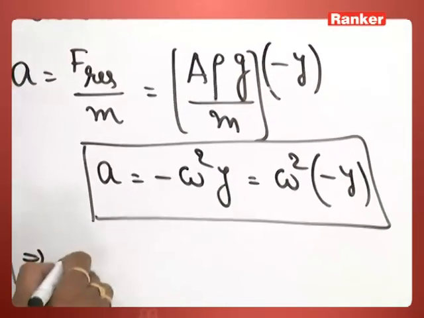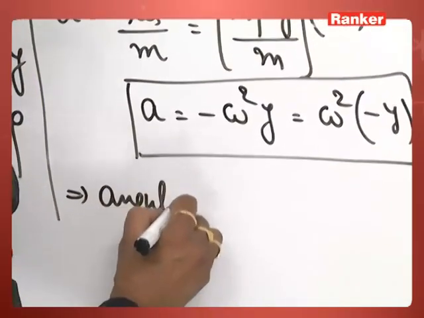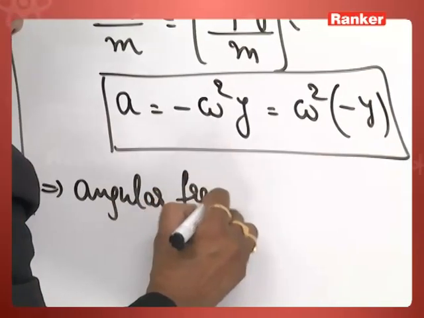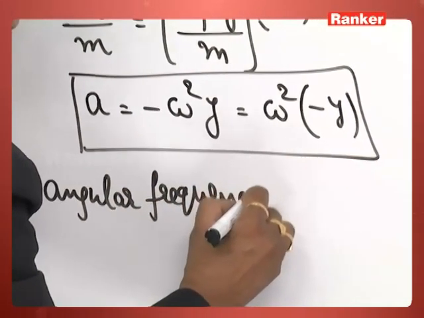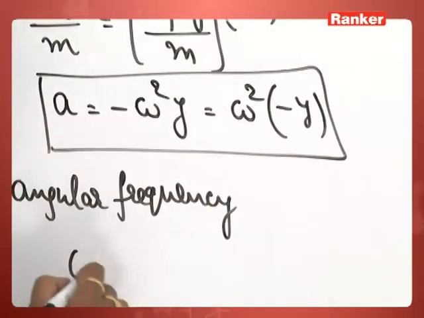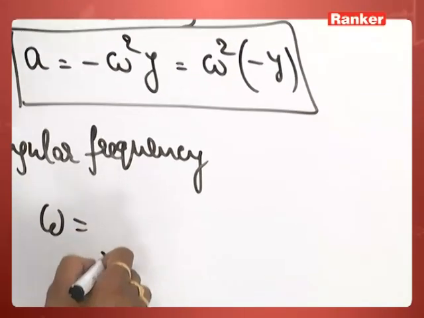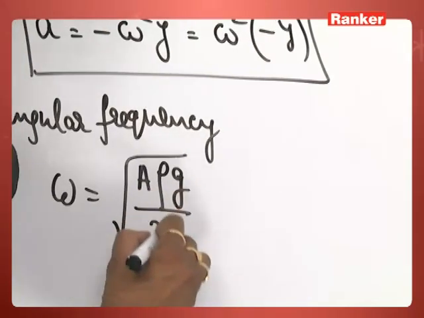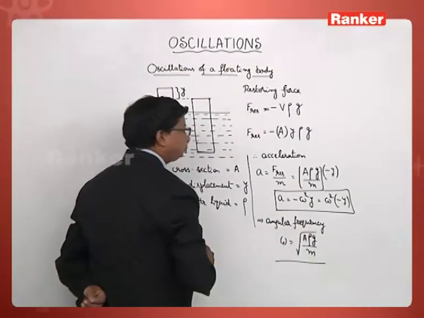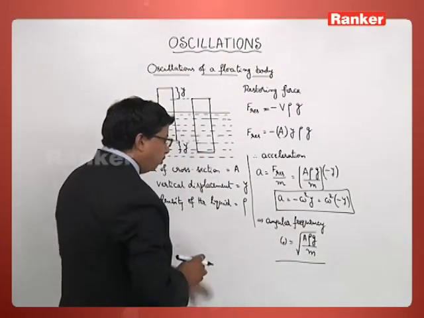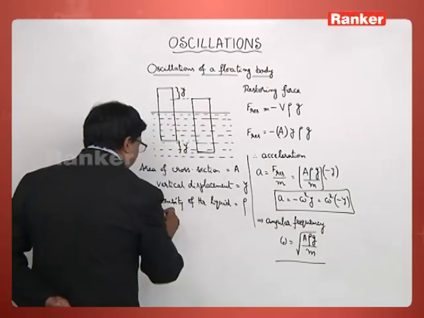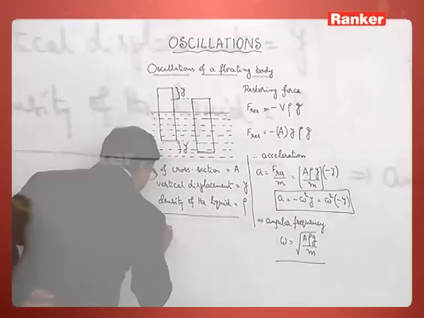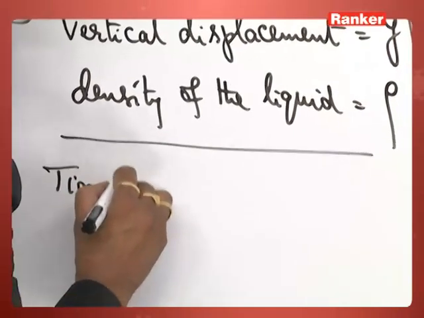So, this implies what would be the angular frequency. Angular frequency omega now becomes root over A rho g by m. The moment angular frequency is this much, what would be its time period now?